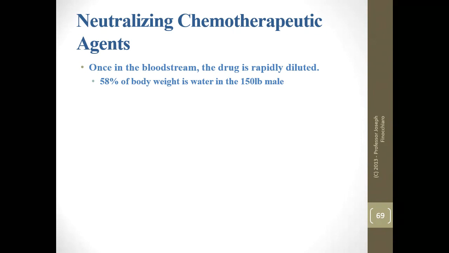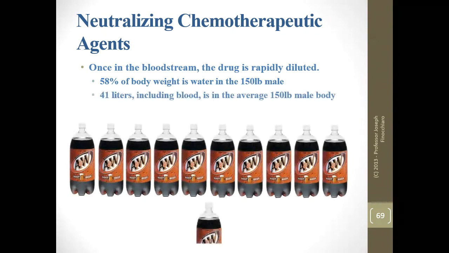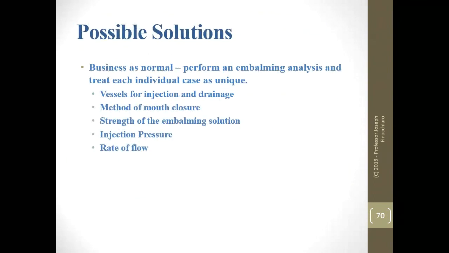Now we have 58%. So I'm just going to say in the chapter that talks about moisture, go with that one. This is strictly something for informational purposes that gives you an idea that half of us is basically body weight. That's basically 41 liters, including blood, in the average 150-pound body. You're taking like 500 milligrams of a pill. It ain't going to do nothing.